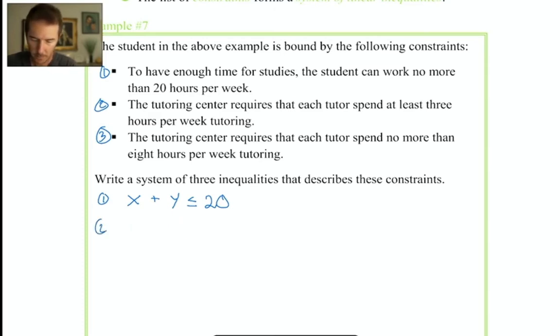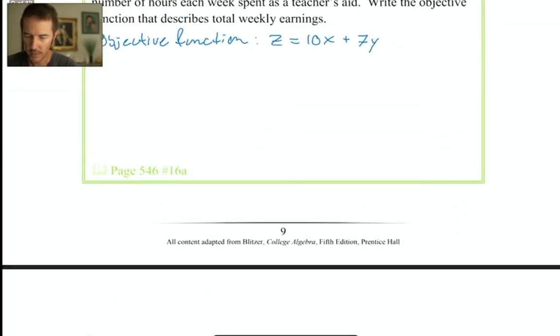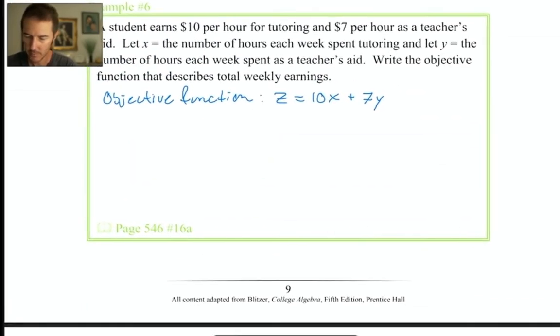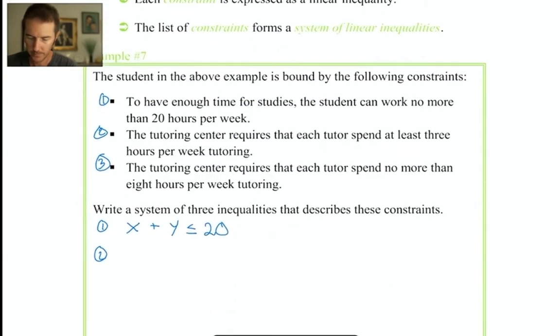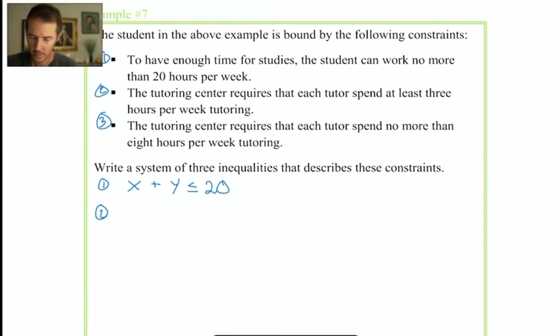Number 2 says that the tutoring center requires that each tutor spend at least 3 hours per week tutoring. So let me just confirm that I've got my variables correct. X is the number of hours spent tutoring. Okay, good, just making sure. So the number of hours that I spend tutoring has to be at least 3 hours.